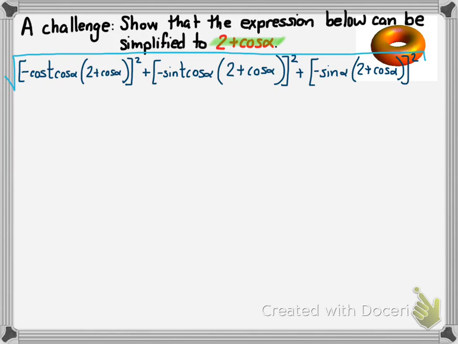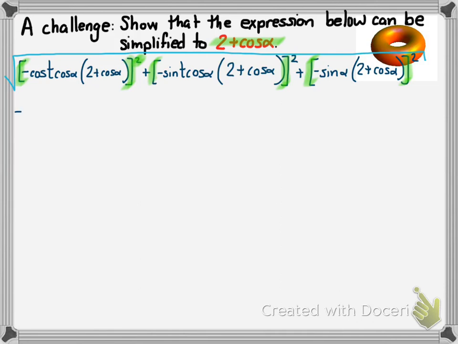The first thing I would do is notice that I have these square brackets saying all of that stuff in there is being squared. Each grouping is being squared, and the things inside those groupings are being multiplied together, which means I'm allowed to distribute the square on the outside to each term on the inside.